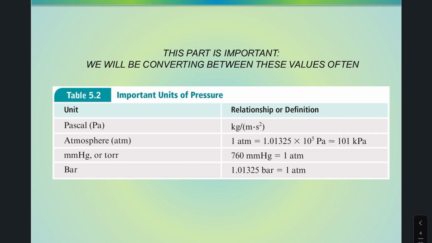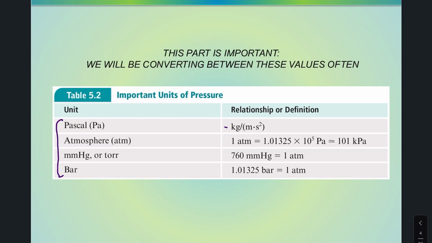The units for pressure: each of these are different ways to calculate pressure, or units to use our pressure values with. We have pascals, atmospheres, millimeters of mercury, torr, and bar.